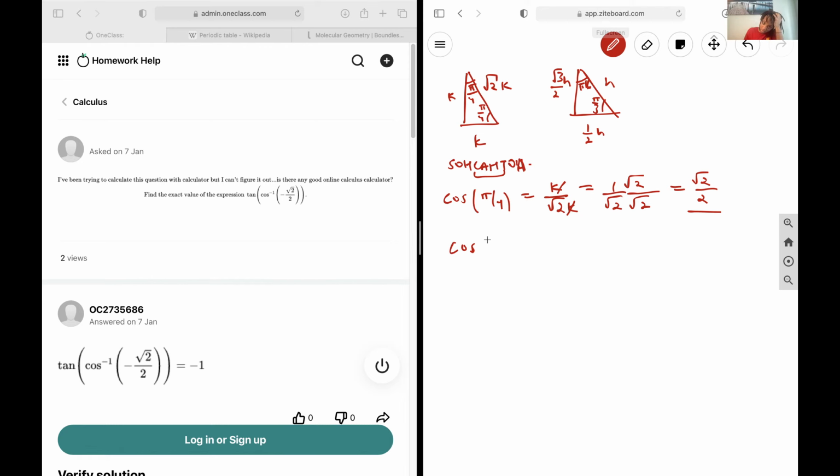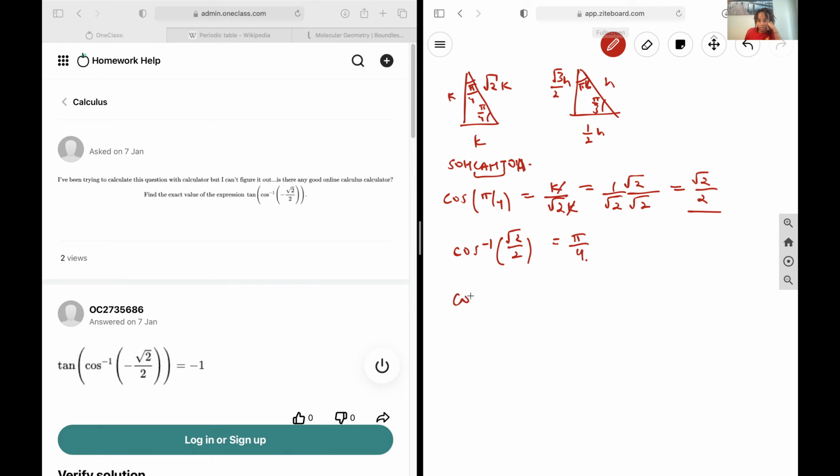And so we need to remember the negative angle formula of cos. First, we know that inverse cos of root 2 over 2 is going to be pi over 4.